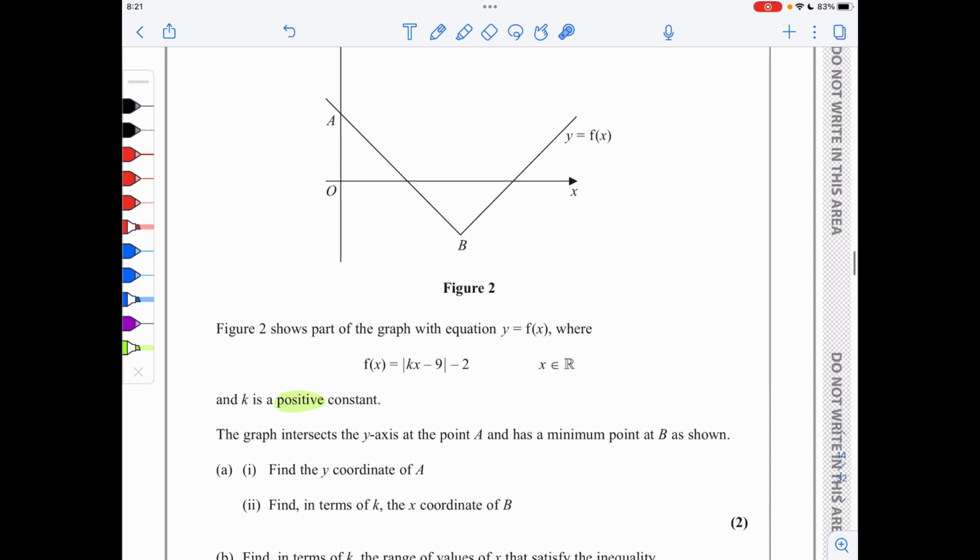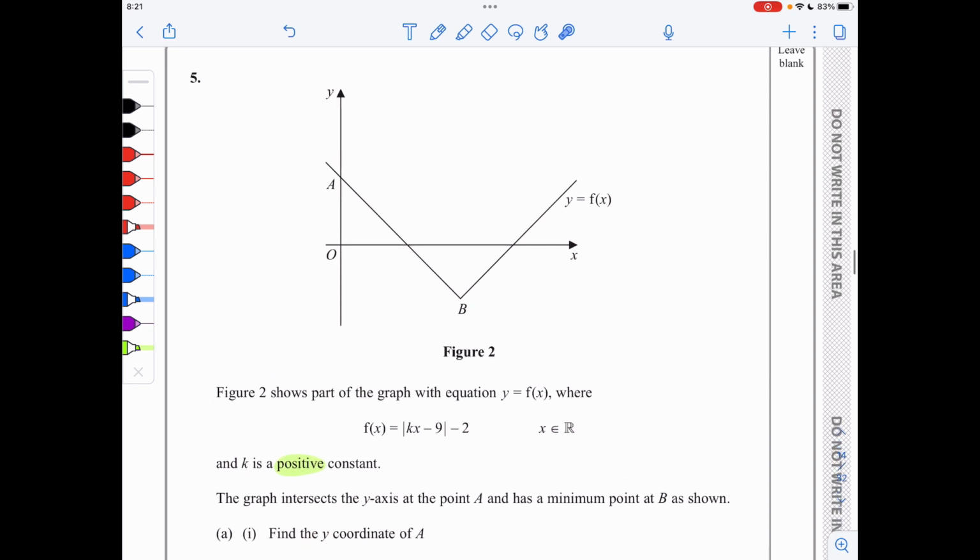Now in these kinds of situations, the first thing we could do is identify each line segment with its equation, which does not involve the modulus sign. So on the right hand side, it's y is kx minus 9 minus 2. The line is going uphill, k is positive, so this agrees that this is the line segment on the right hand side, and therefore this simplifies to y is kx minus 11.